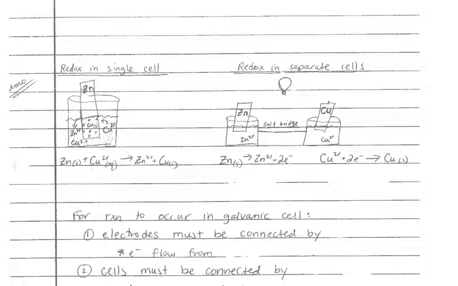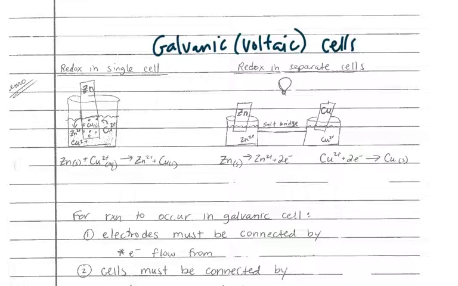So we left off talking about different types of electrochemical cells. And the first type that we were talking about are these galvanic or voltaic cells. And these are ones that generate electricity. And we make them by taking a redox reaction, and instead of doing it in a single container, we separate the two half reactions into two different containers.